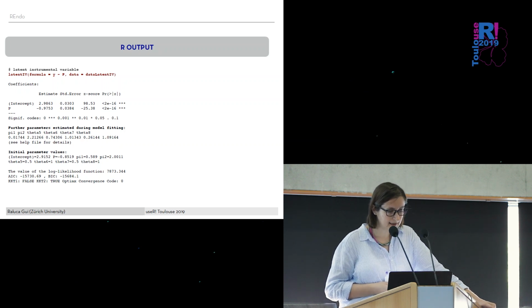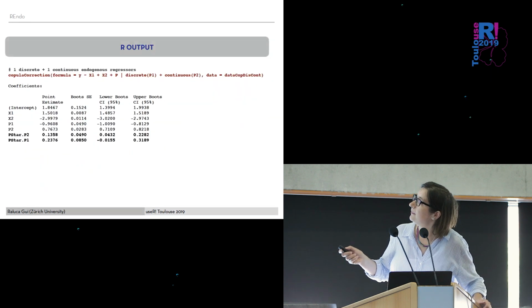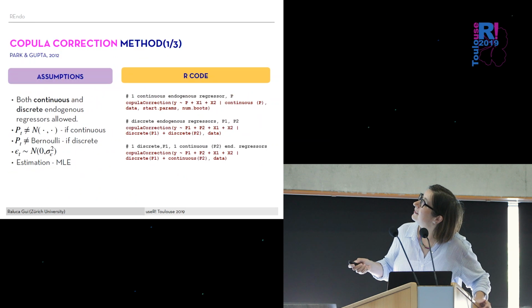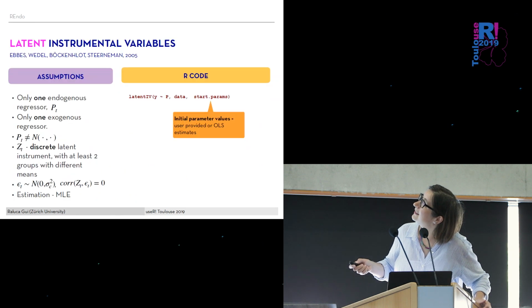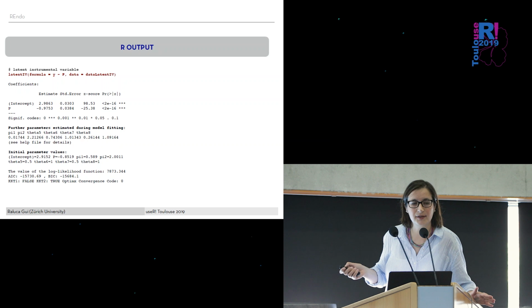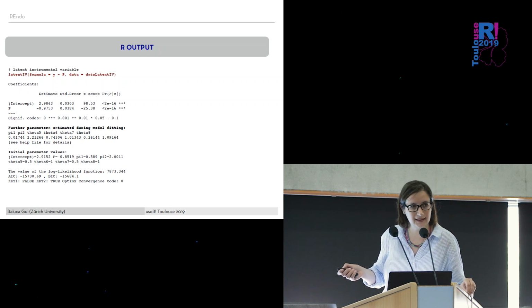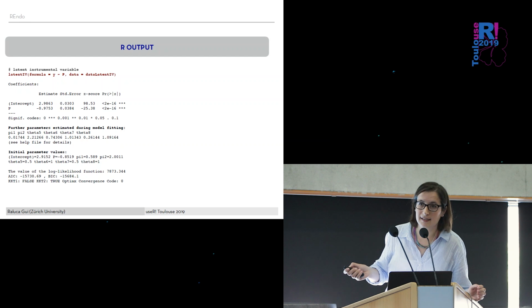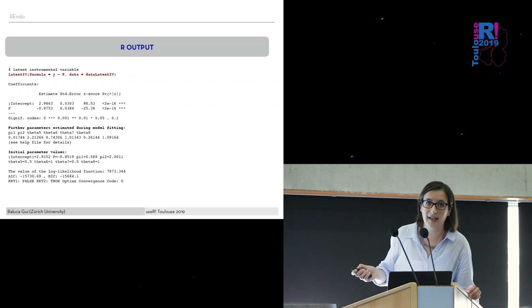It returns P1 and P2, which are the means of the assumed 2 groups of the Z, the latent variable that P is assumed to be built with, and the sigma matrix. Moreover, it returns the Akaike and Bayesian information criterion and the starting parameters that were assumed by the model.